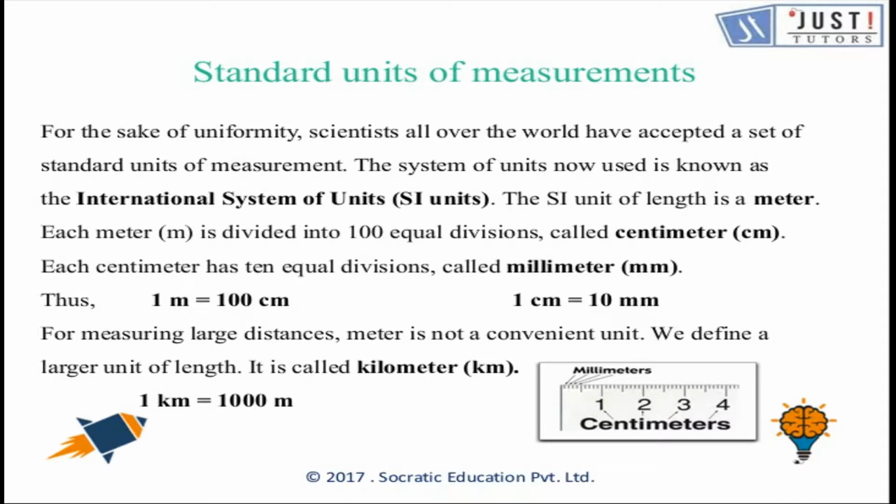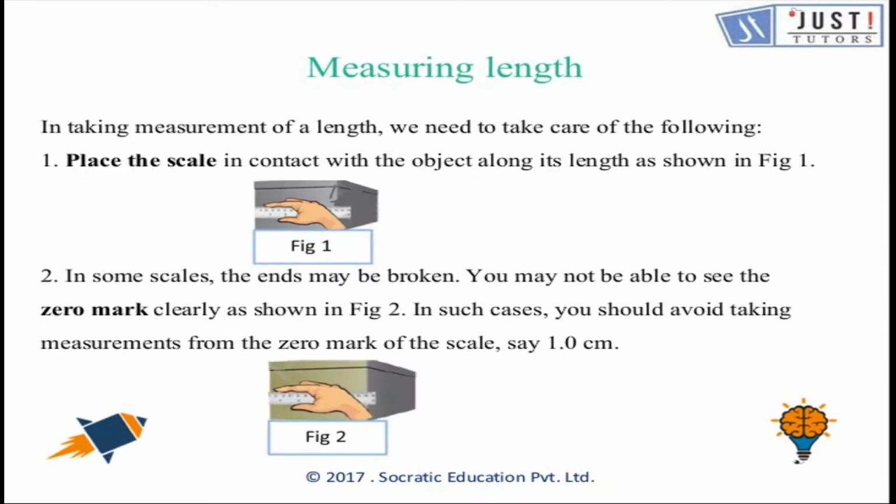Now we will be learning about how we can use different measuring instruments to measure dimensions of an object. So here we are given 3 steps of using a measuring instrument to measure the dimension. So let's say that we are using a scale right here.